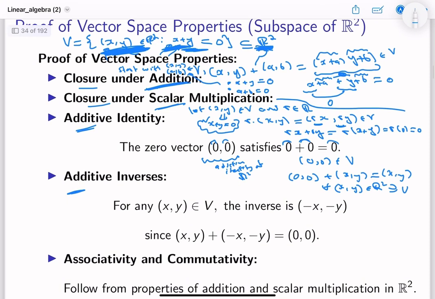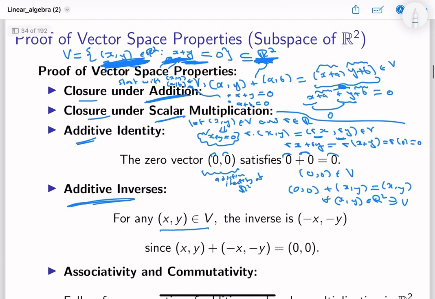So the last thing that we need to check is the additive inverses, right? We're going to start with any vector in V. And what we're going to do is just as we did for R2, because when we spoke of the inverses in R2, we took negative the first component and negative the second component as the vector to be the inverse, right?